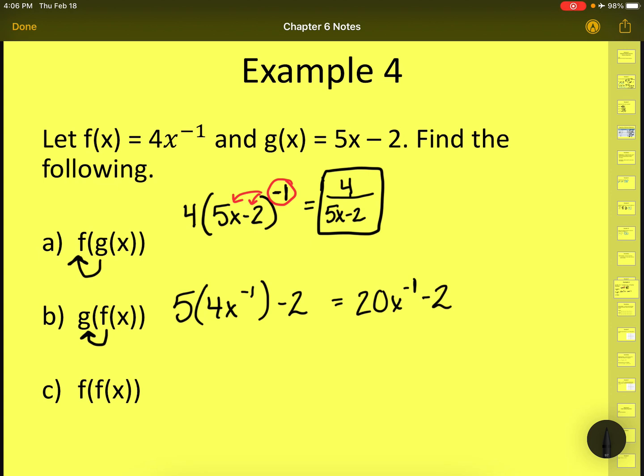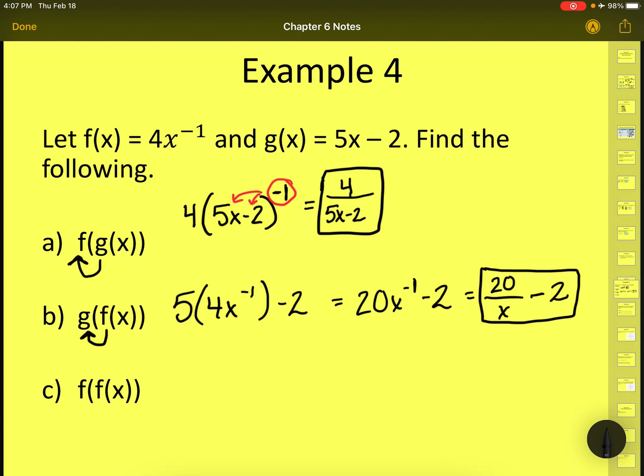We're not quite done because we have that negative exponent. We just said negative exponents flip over. It's not going to flip over with the 20. We didn't do anything to the 20. It's separate. We're only going to flip the x down there because the exponent was only on the x. If it were on the 20, we would need parentheses around the 20 and the x. And we didn't do anything to that minus 2, so it's going on the outside here. So here we have 20 over x, minus 2.